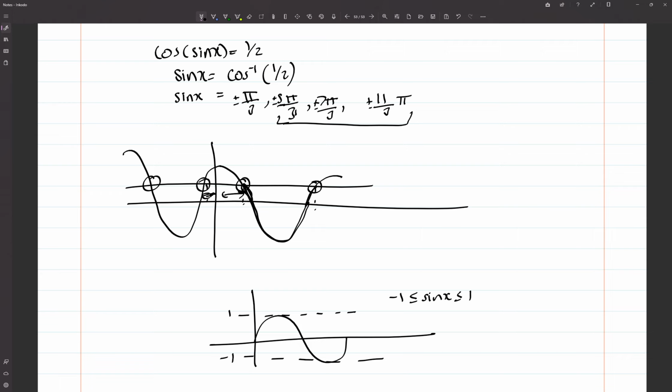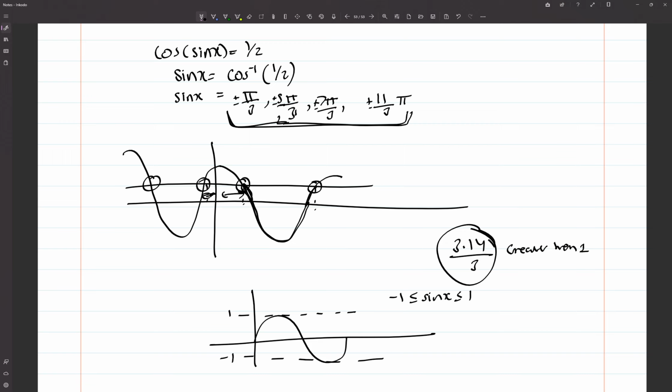But all these numbers are actually outside of the range. Think of pi: how do you do approximation for this? Well, pi is 3.14, and you're dividing that by 3. Instantly, that's going to be greater than 1.